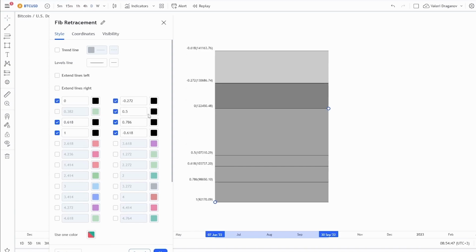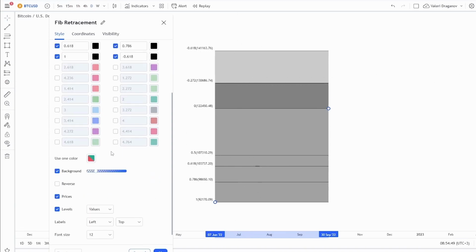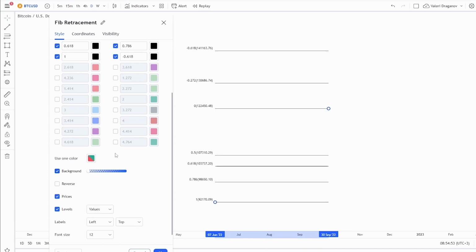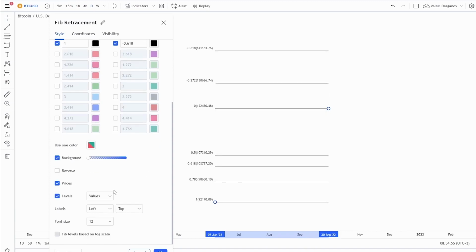Okay. Next, we're gonna make the background transparent. Okay. Then the prices and the values levels remain this way because sometimes when you draw your Fibonacci and you want to enter a deal, you can't see the perfect values of the price right now.